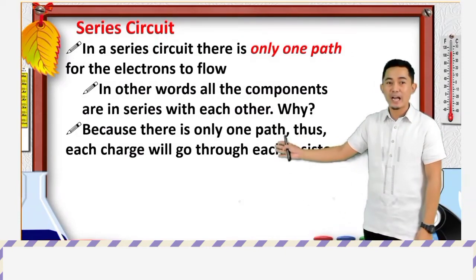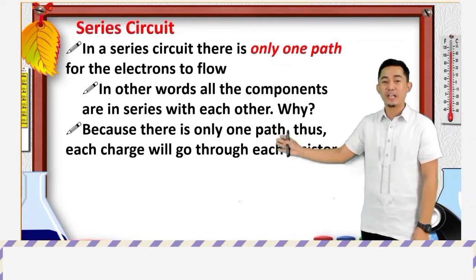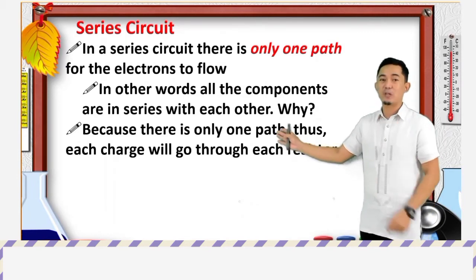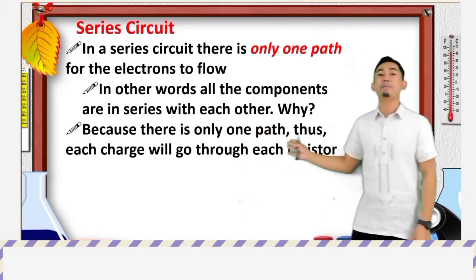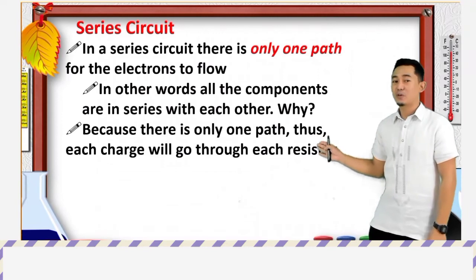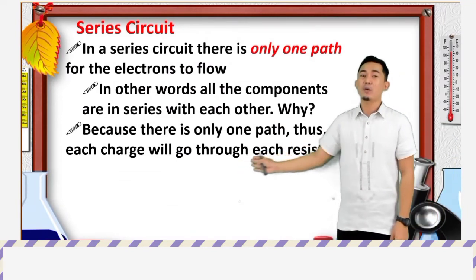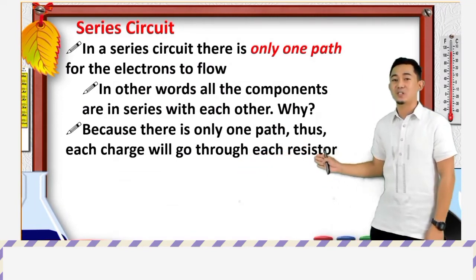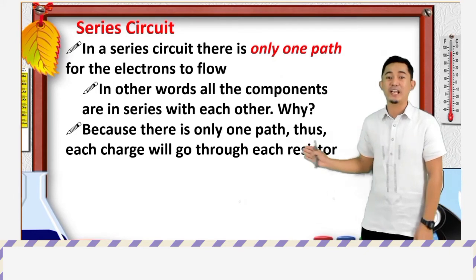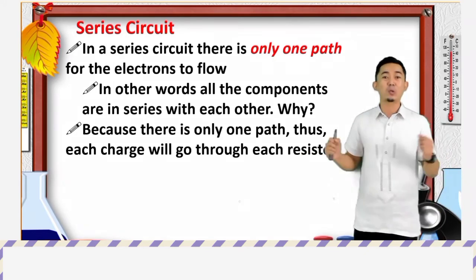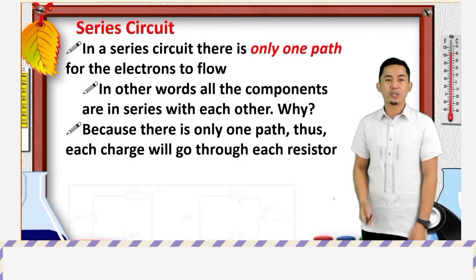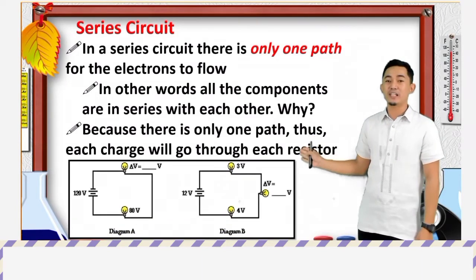The reason all the components are in series is because there is only one path, so that each charge will go through each resistor, from the root word resist, meaning to avoid. Okay? So the diagram for a series circuit is this.